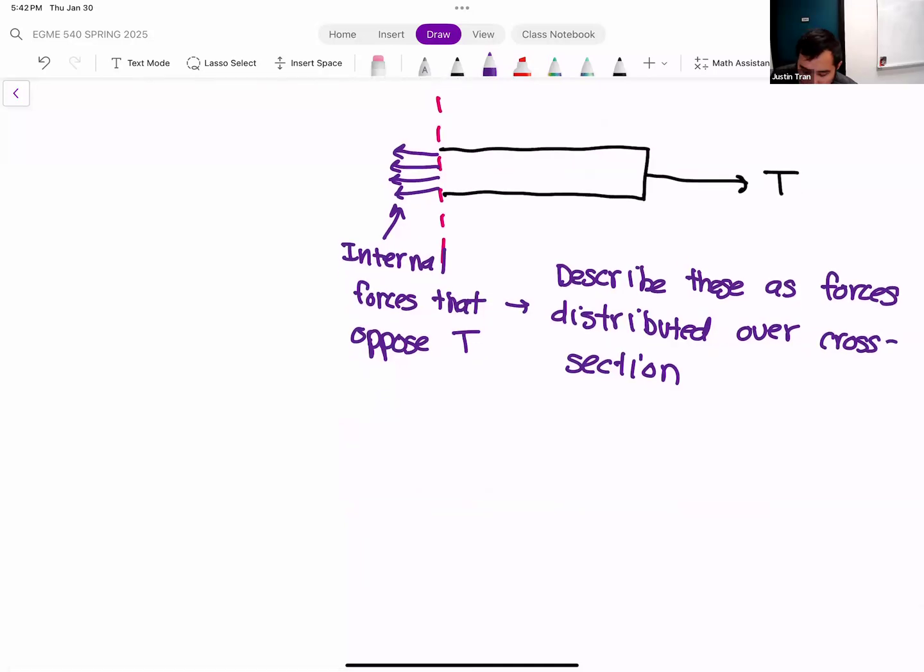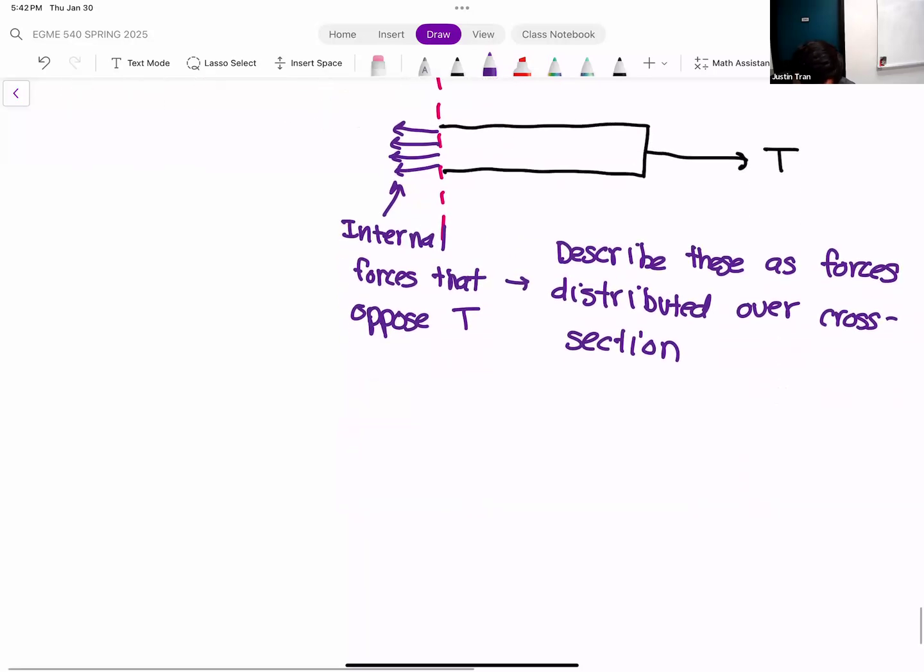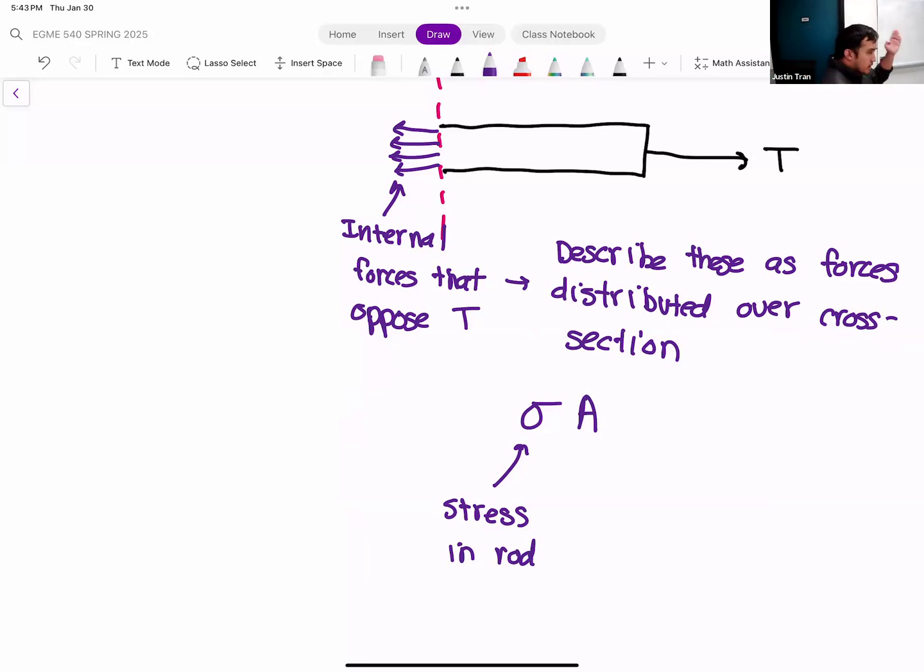In order for this to be in static equilibrium, if we take sigma, where sigma represents the internal stresses within the rod, and multiply it by the cross-sectional area, the area of the slice we just made, this has to be equal in magnitude to the tensile force being applied.